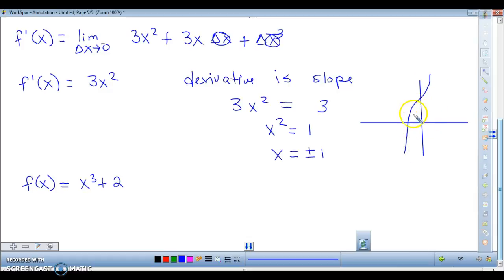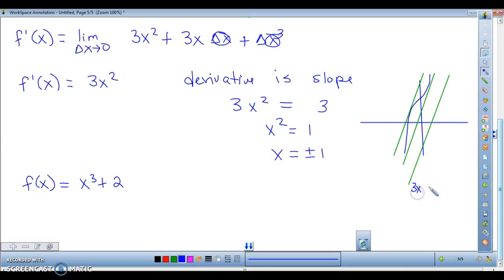What's happening is you've got a line that is tangent where x is negative 1. You've got a line that's tangent where x is positive 1. And both of those lines are parallel to that given line.